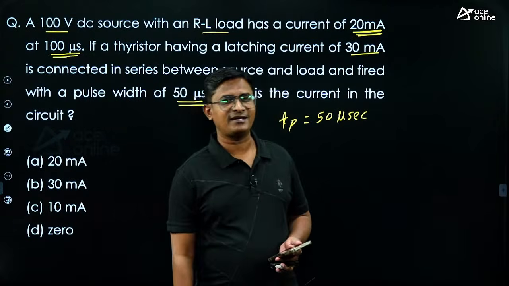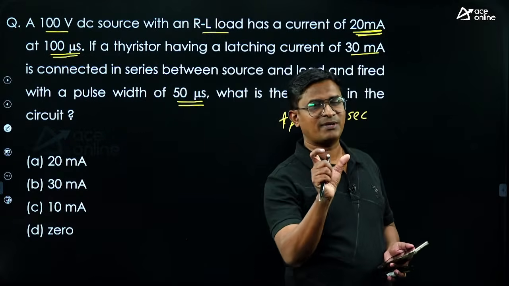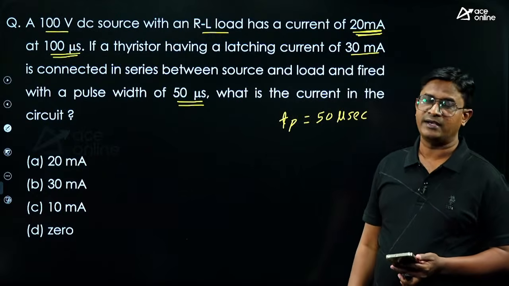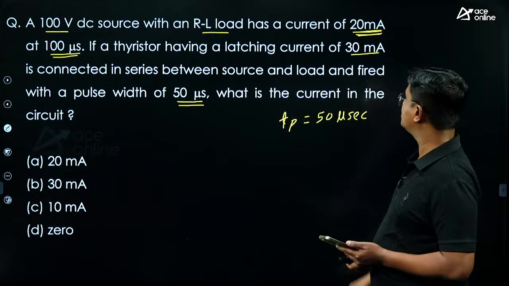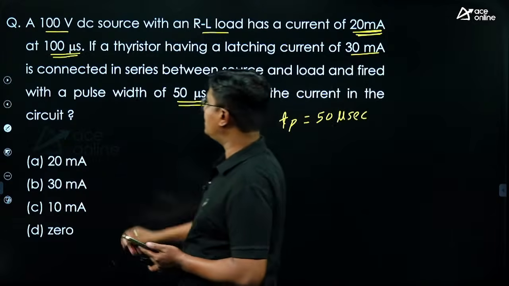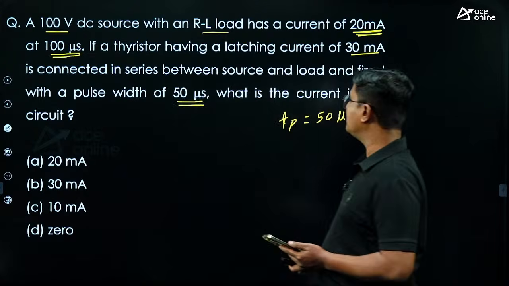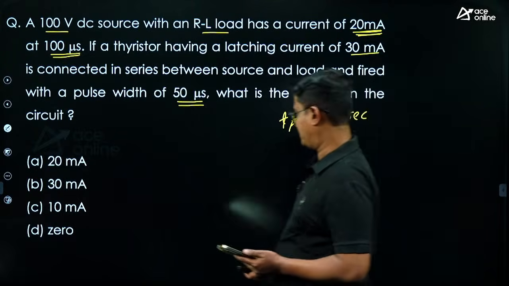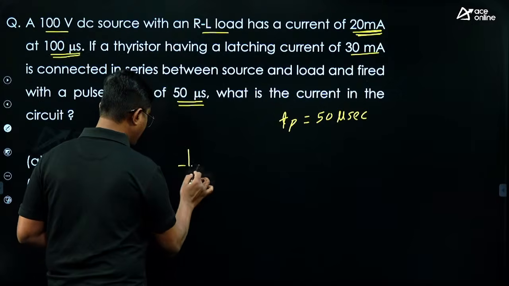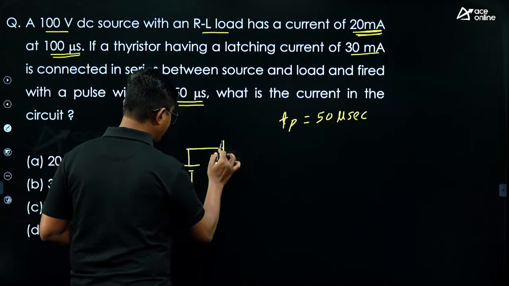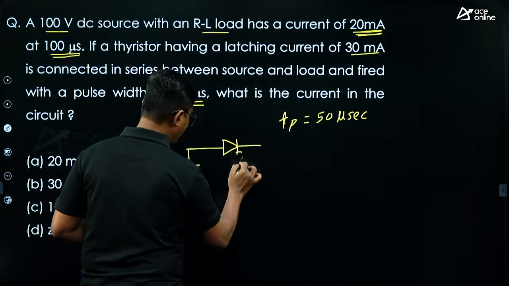It is given that a DC voltage source and RL branch are present, and in the RL branch my current will reach 20 milliampere when the time is 100 microsecond, right? And they are saying a thyristor is connected between them, so you have the circuit like this: DC voltage source, thyristor and RL branch.